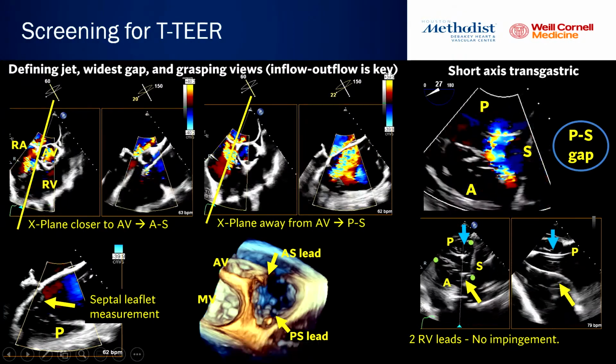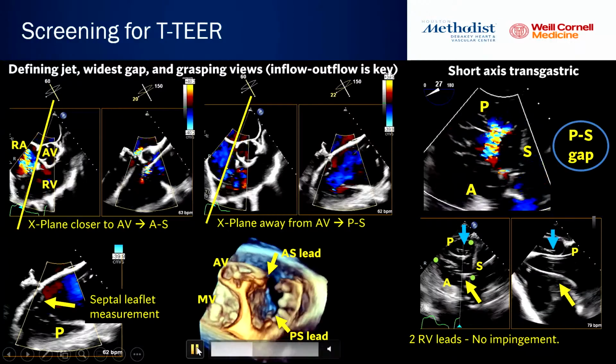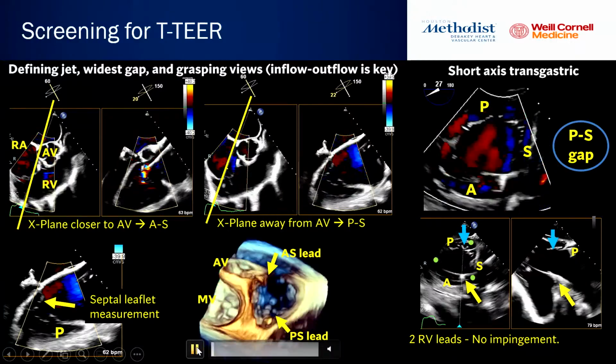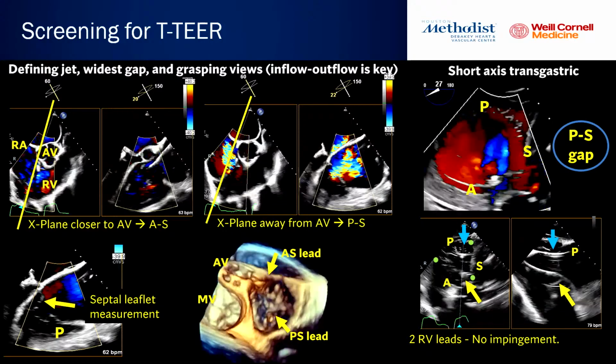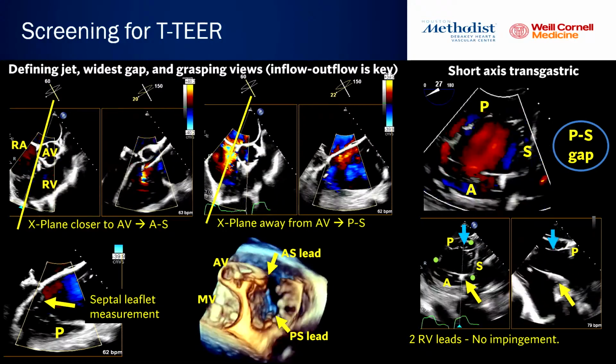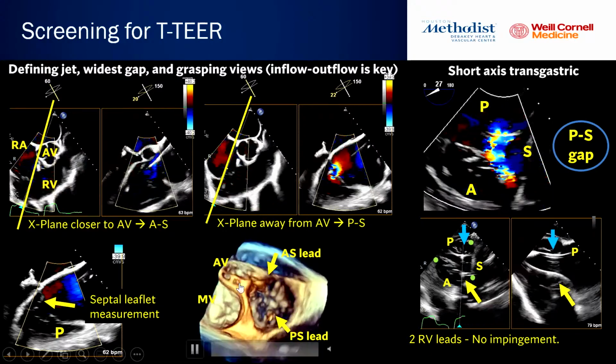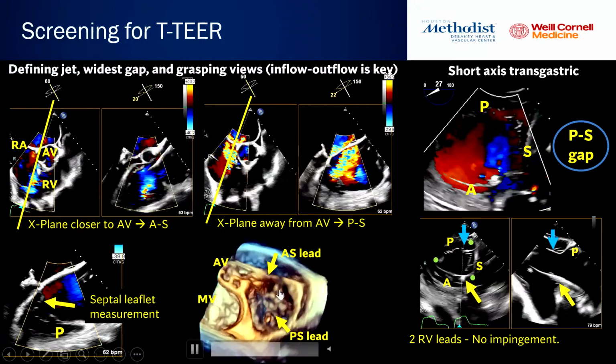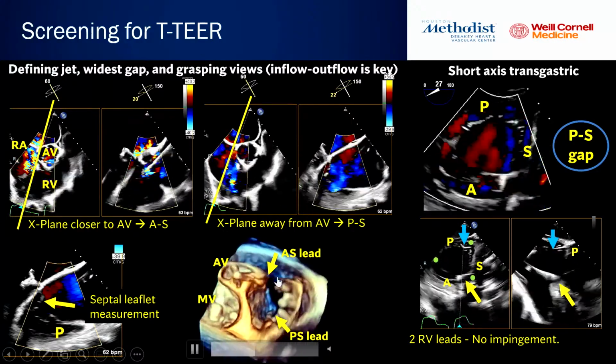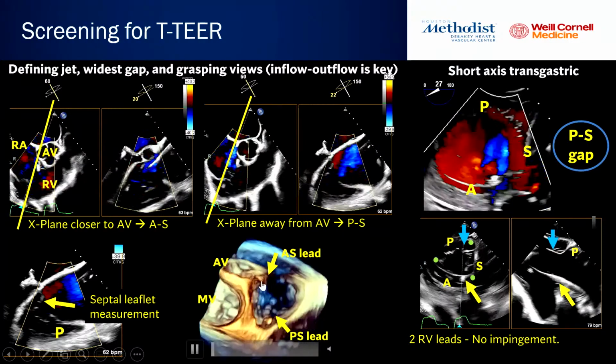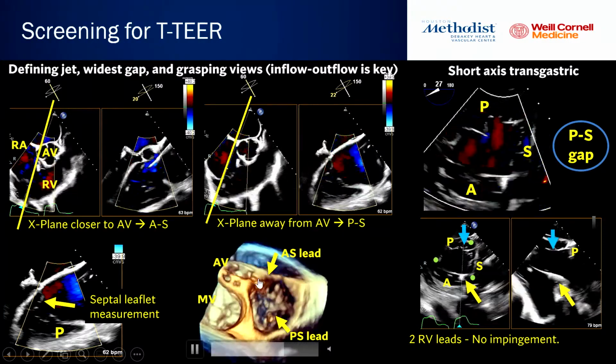Here is a 3D just to show everything at once, to help you understand the big picture of this valve and the surrounding structures. Same kind of surgeon's view that we're seeing. And here we can see one of the leads nicely tucked in the interseptal commissure.